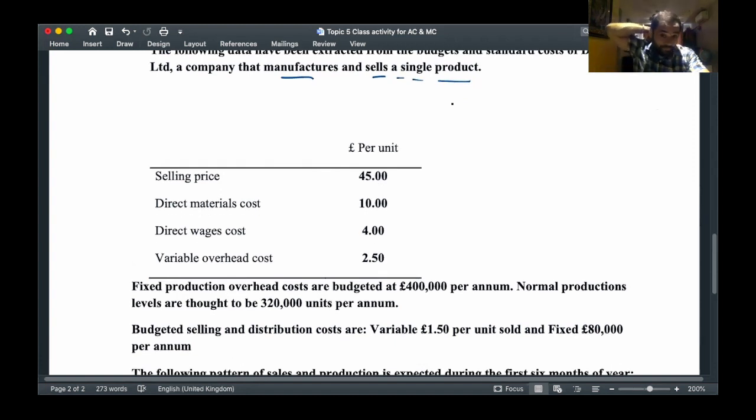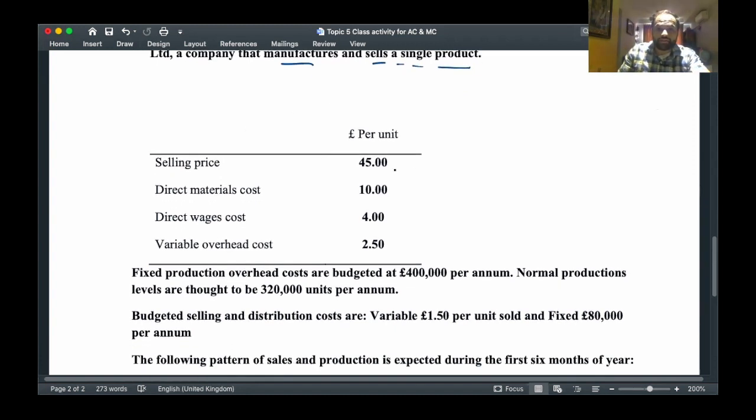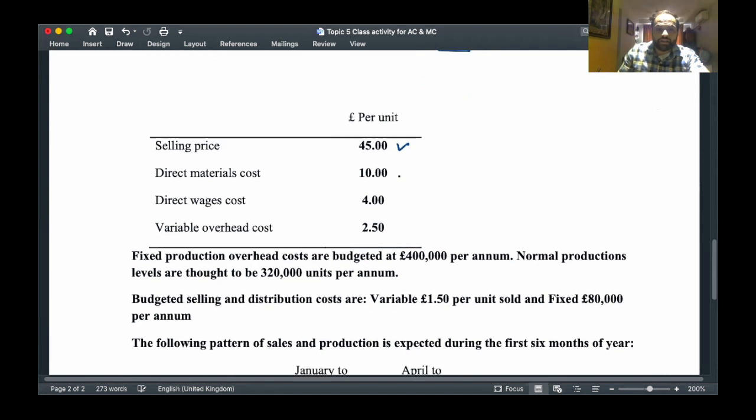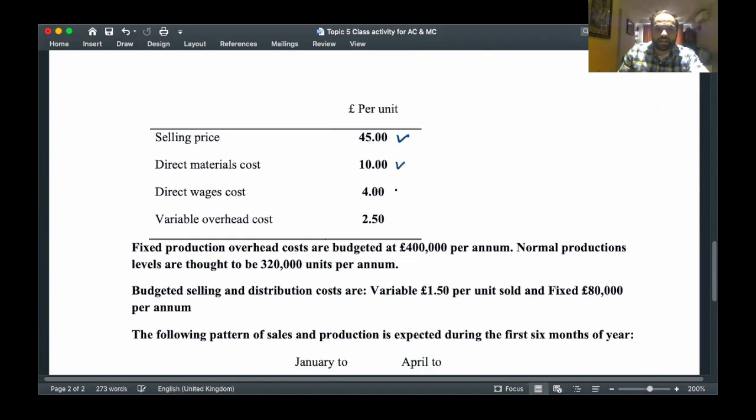And we have selling price per unit, we have direct material, direct labor, and variable overhead, right? Fixed production overhead costs are budgeted at 400,000 per annum. Per annum means per year, right? And normal production level is thought to be 320,000 units per year.